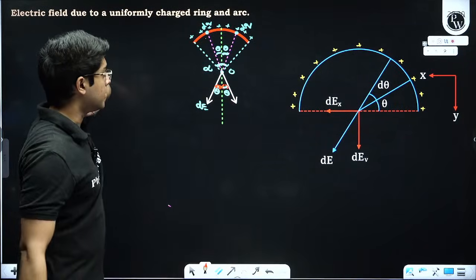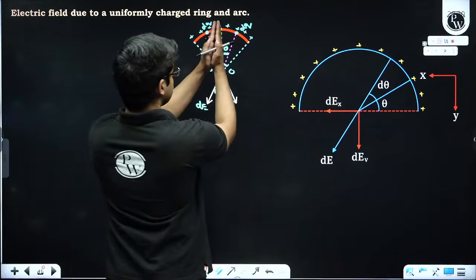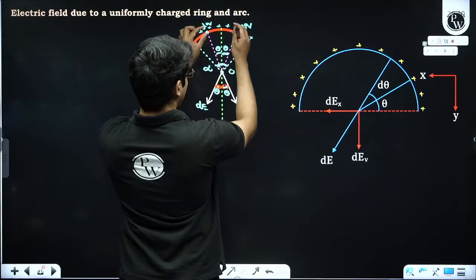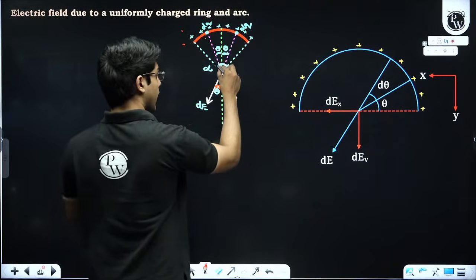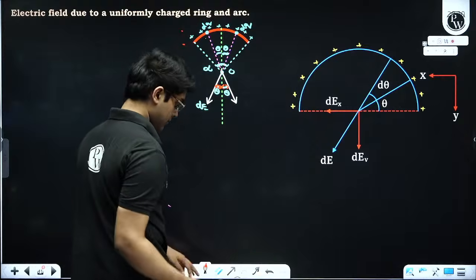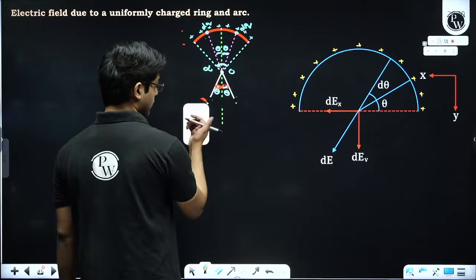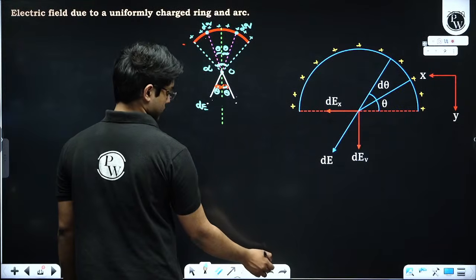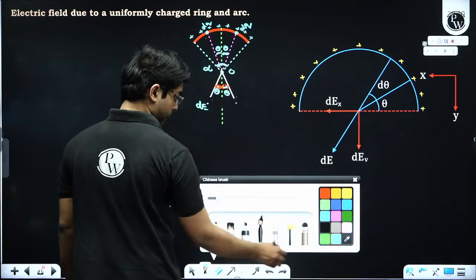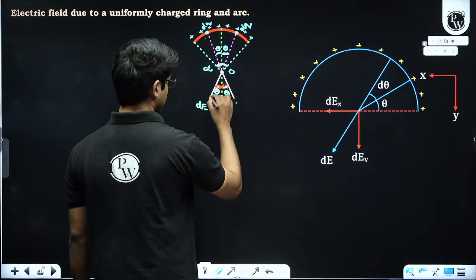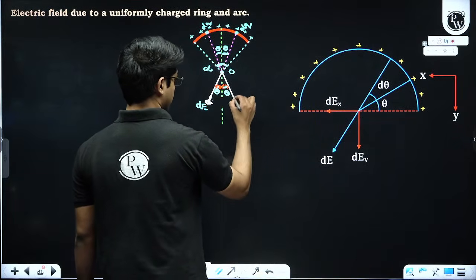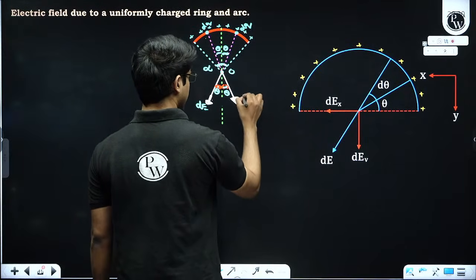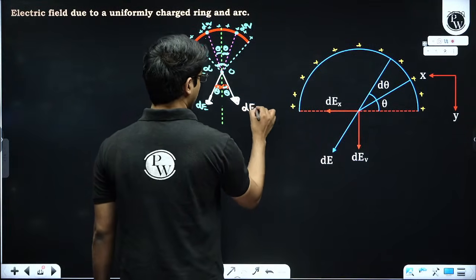So I went theta angle on either side of the angle bisector and took two dq pieces and wrote down their electric field, which I'm calling dE. Now what are you observing?